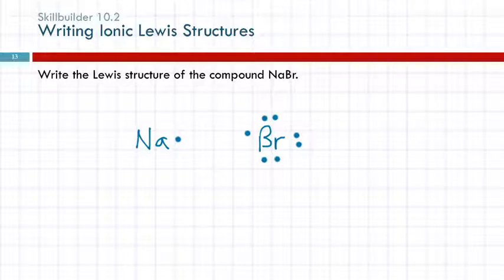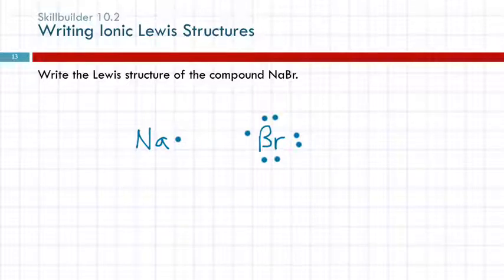So we're looking at this picture and we're trying to get 8 valence electrons for everybody. So if sodium gives this electron to bromine, then bromine will have 8. Sodium has cleared out this incomplete level, and underneath he's got 8 valence electrons.